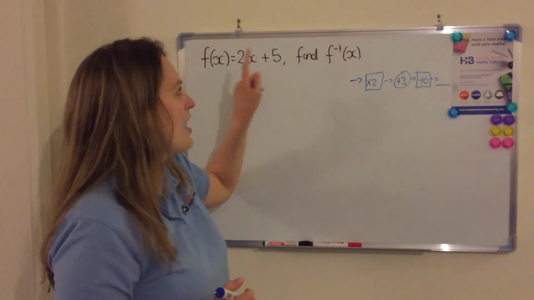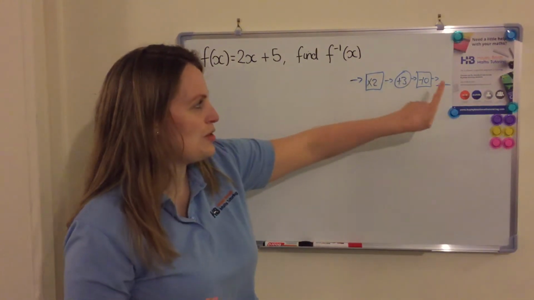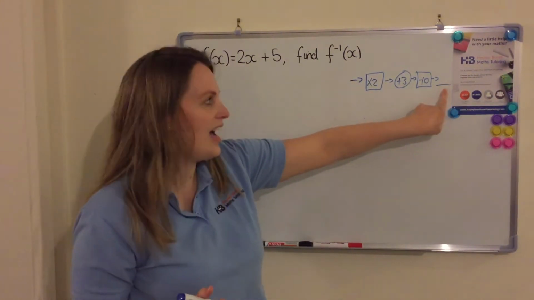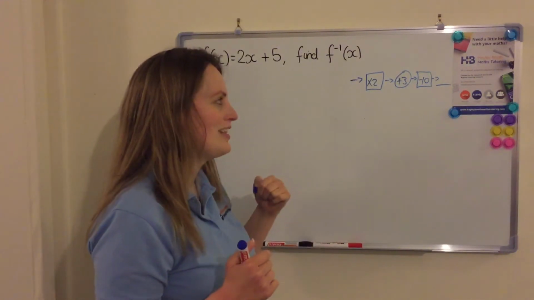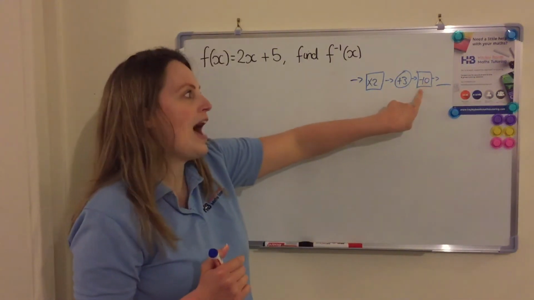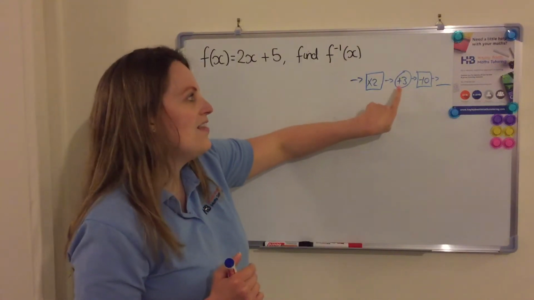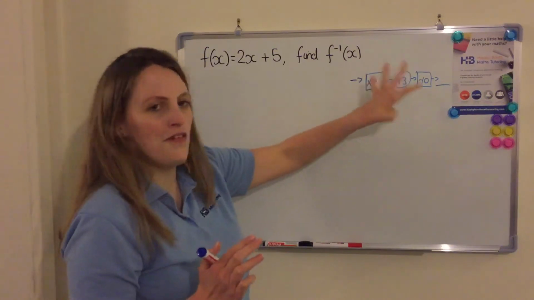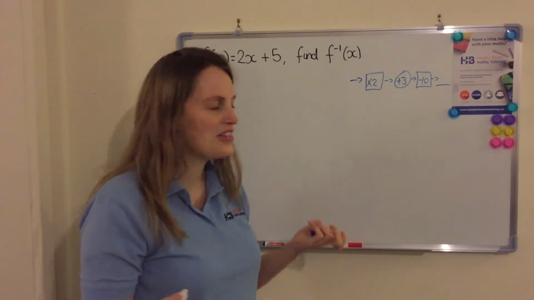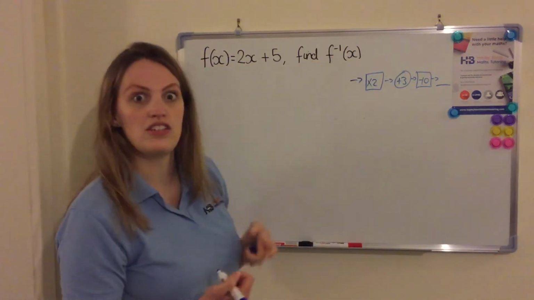The idea of inverse functions is that you put in your output and you work your way back to get your input, which you probably would have done as well within these function machines. So you'd go from here and you'd add 10 rather than minus 10, and then you take away 3 and divide by 2. Obviously that's a very basic concept, but it's essentially exactly what these are doing.